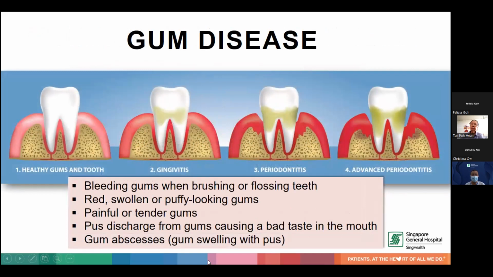Okay, coming to gum diseases. What is gum disease? It's a chronic bacterial infection of the gums and the bones supporting the teeth. It can affect one tooth or several teeth. If left untreated, it may lead to the loss of the tooth or teeth.